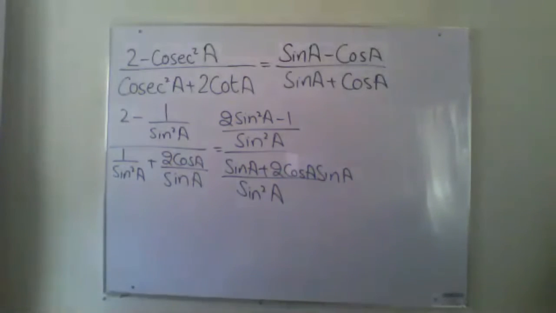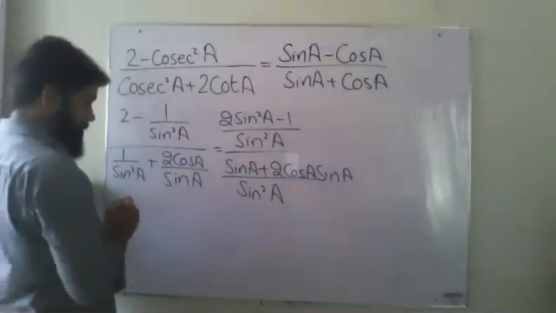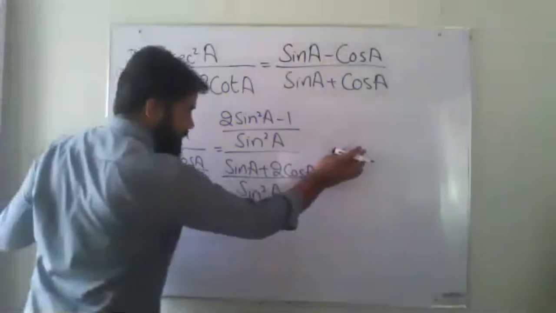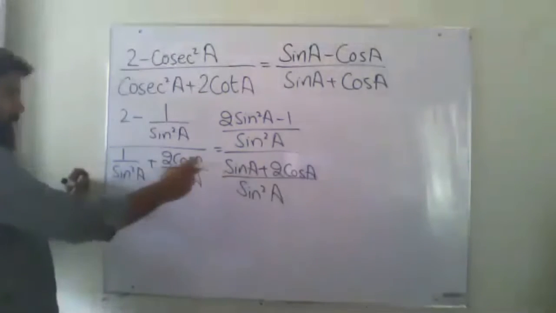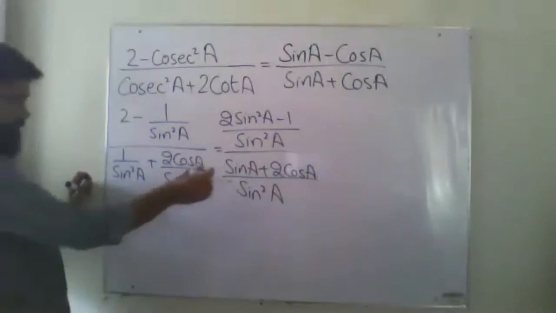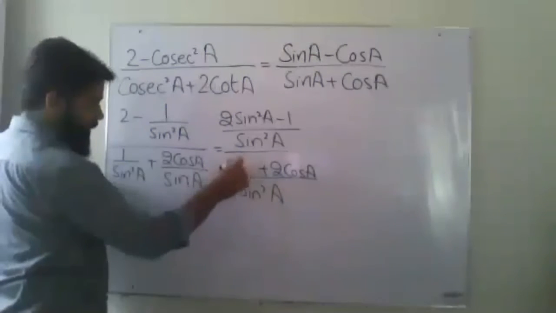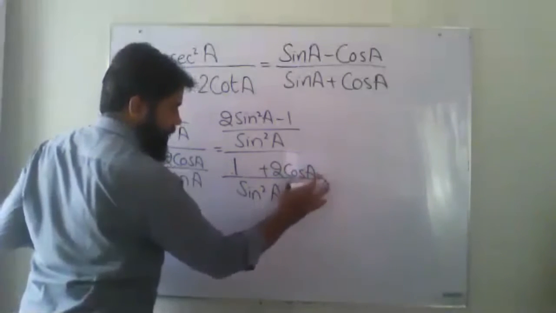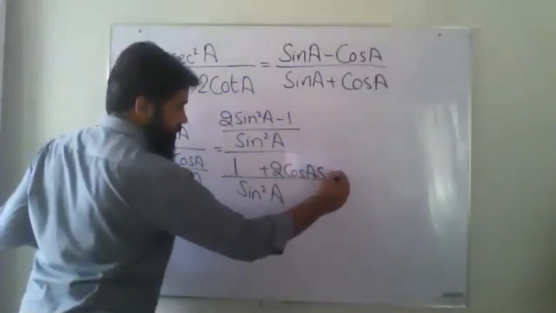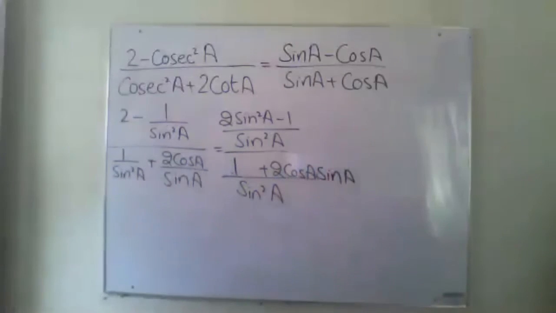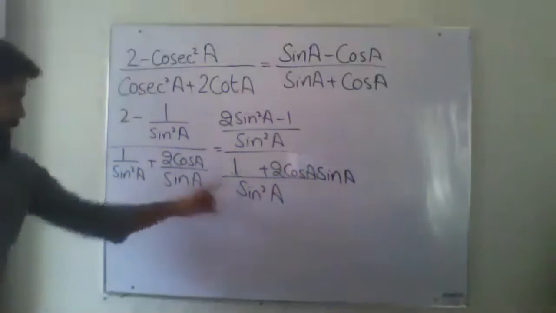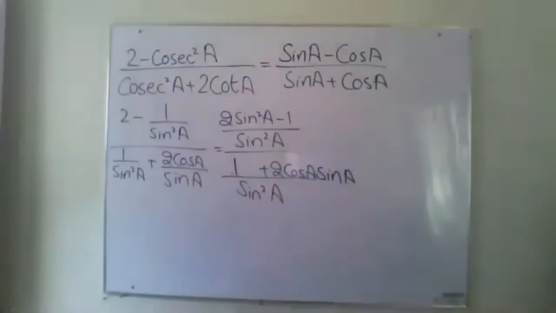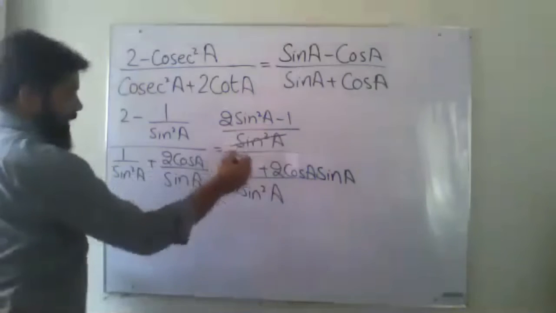Sorry, this will be 1 and this will be sine, because this one is sine square A, so 1 will be written directly, and this one will become 2 sine A cos A.